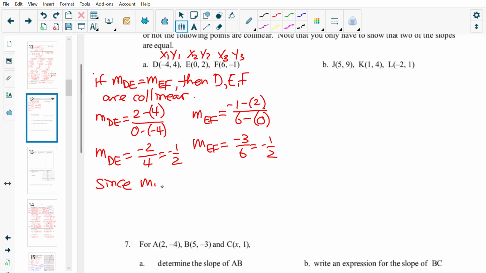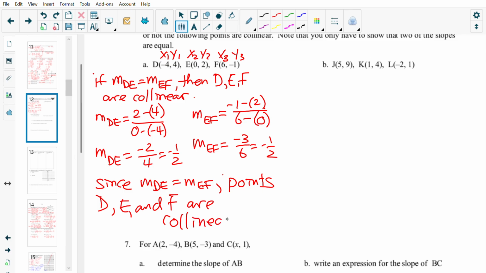Let's make a statement. Since slope of DE equals slope of EF, points D, E, and F are collinear. Remember, collinear means that all 3 points lie on the same line. Next one, J, K, and L.